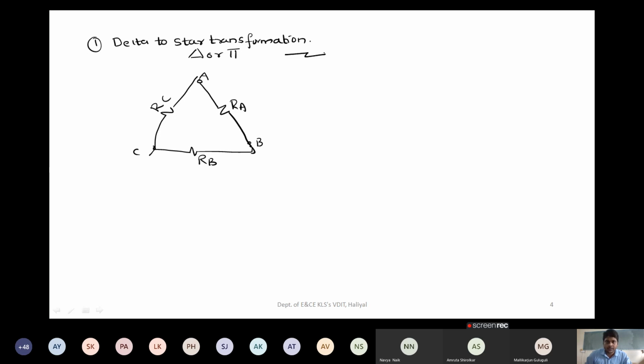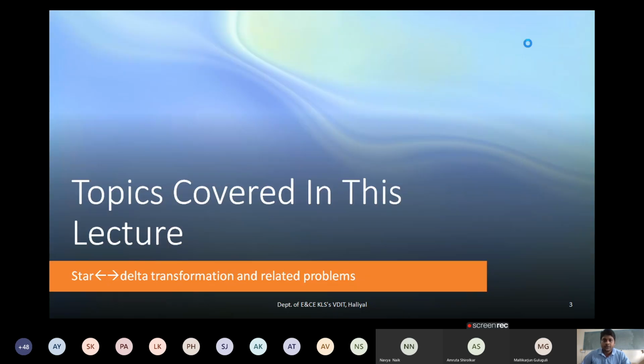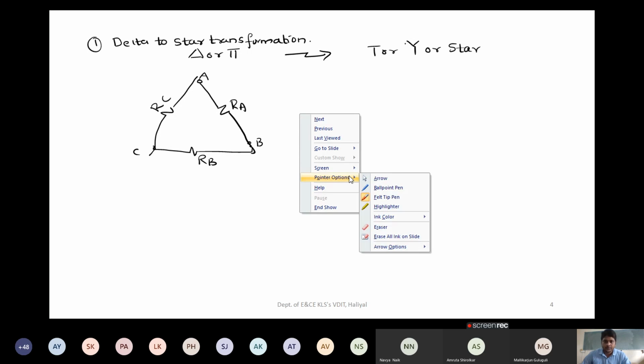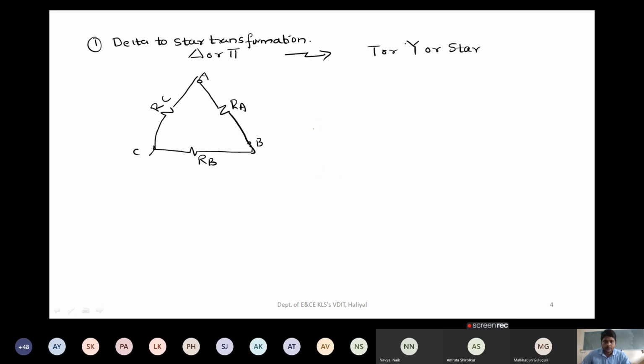So this we can transform into T, or we call it Y also, or star. Okay, so how can that be checked? Now let me change the color here. If I assume that internally I have some point here, I will call this point N. So the equivalent star network we get is something like this.